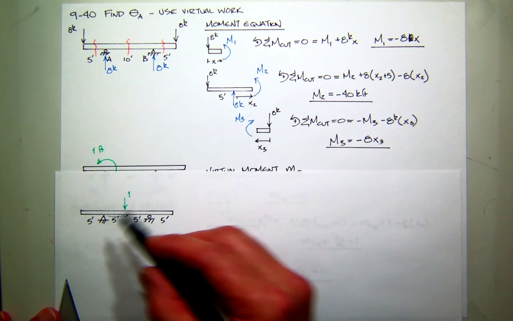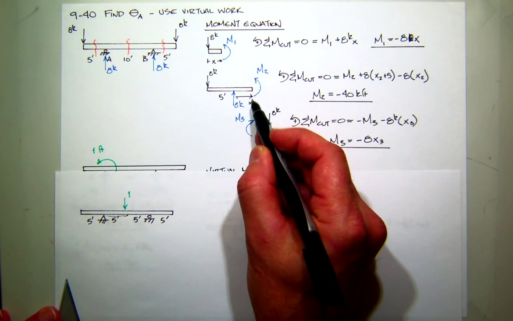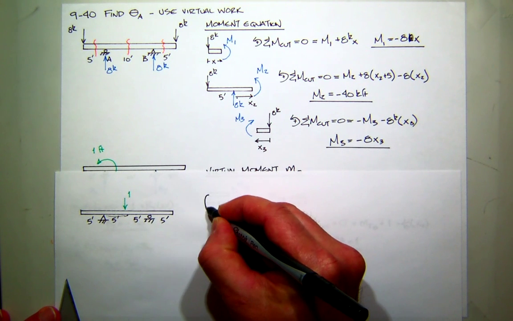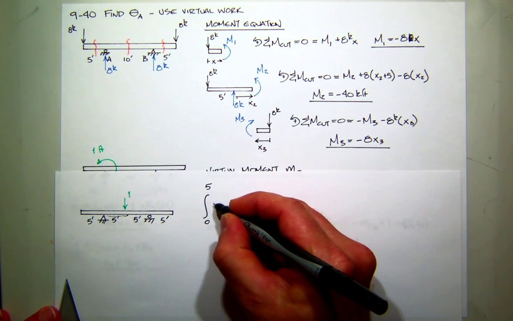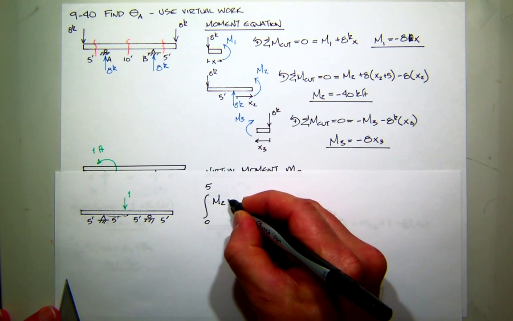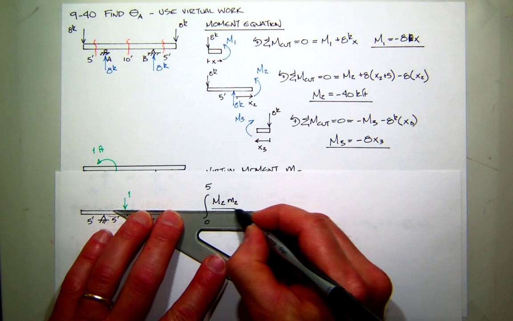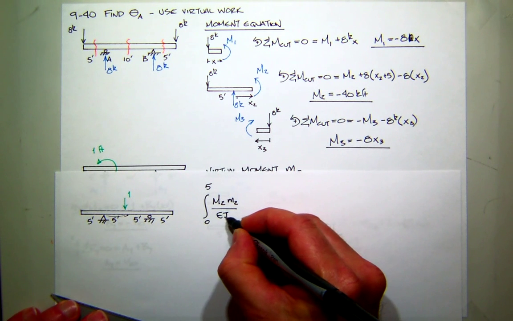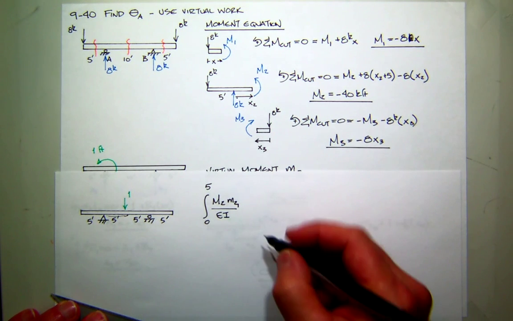So for your final analysis, if I continue to use x2 as my coordinate, I would have one that went from 0 to 5 using the real moment at 2 and whatever my virtual moment is at 2, right? Except I'll have to say it's 2, 1, because it's in 2 sections.